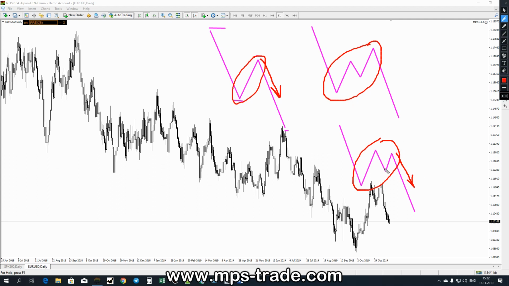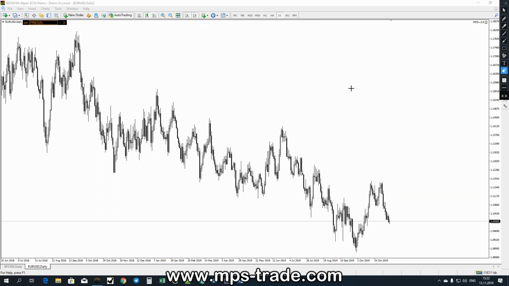Okay, you see, so with these two we have some problems, but this one is the simplest stuff. So let me clean the chart, and let me show you this structure. So we have a trend and we have a complex pullback. So what we expect somewhere here is that a trend should resume, and this way we actually have a pattern.